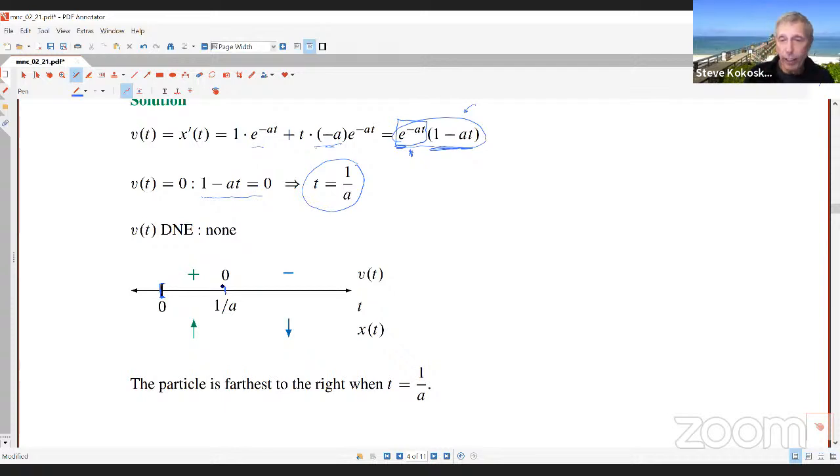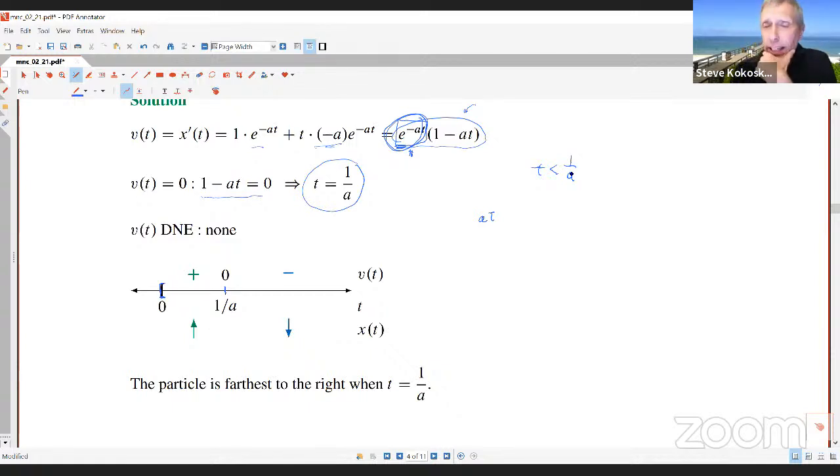Well, let me take a look at this for a minute. This is always positive. So the sign of v of t depends only upon this expression. I'm going to just take a look for a second at a times t. Whoops, a little tricky to write over there, Curtis, I apologize. If I take t less than 1 over a, what is a times t going to be like?